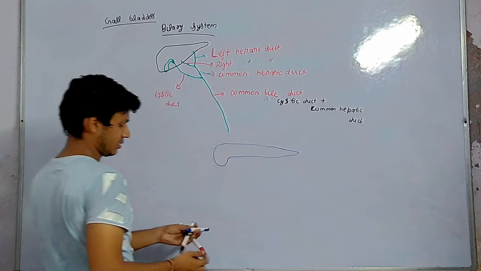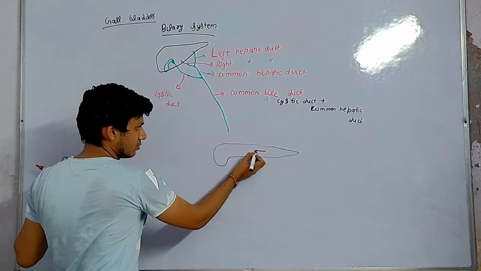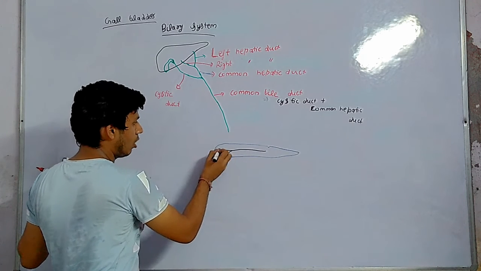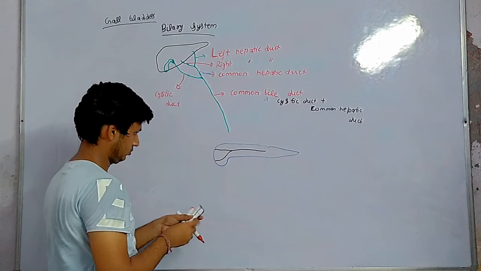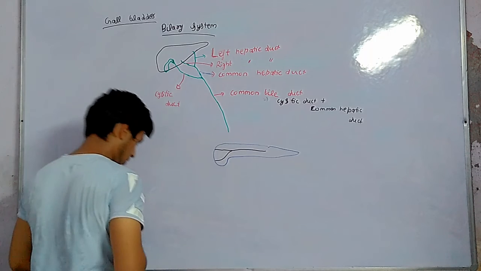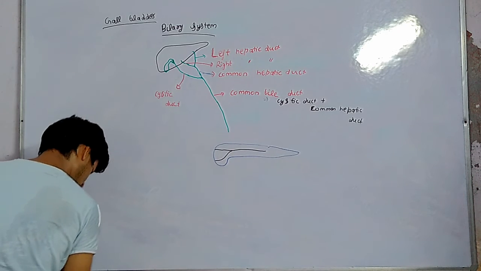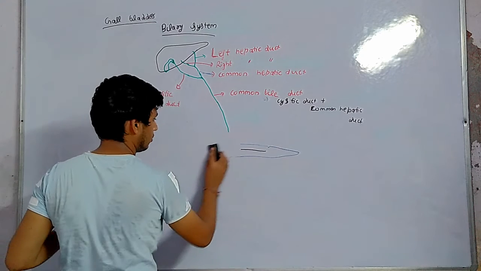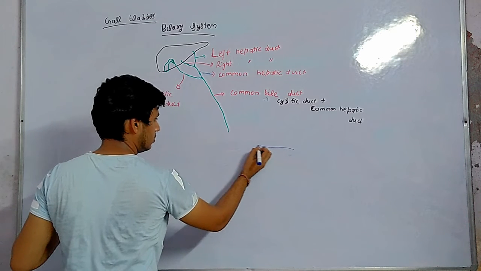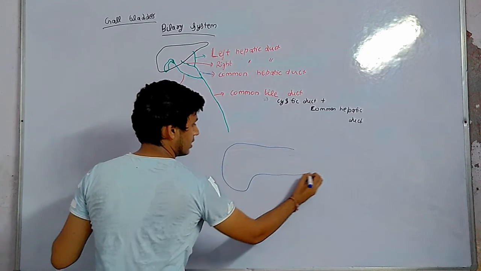The pancreas has two ducts for pancreatic secretion. One is called the accessory duct. You can draw this bigger. This is the pancreas.